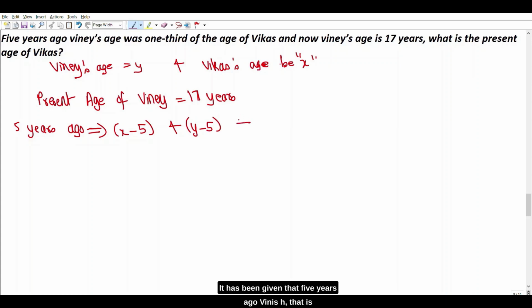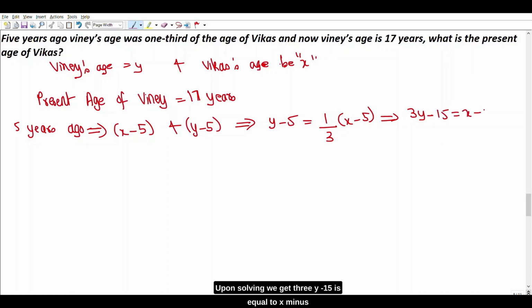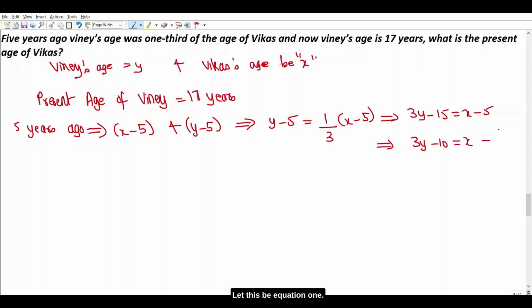It has been given that 5 years ago, Vinay's age, that is y minus 5, is equivalent to one third of Vikas' age. Upon solving, we get 3y minus 15 is equal to x minus 5, which implies 3y minus 10 is equal to x. Let this be equation 1.